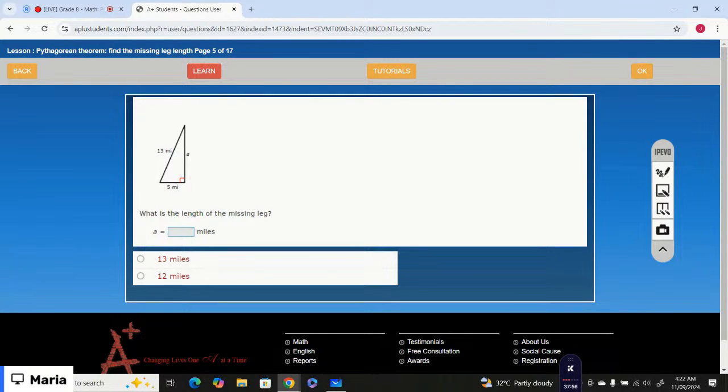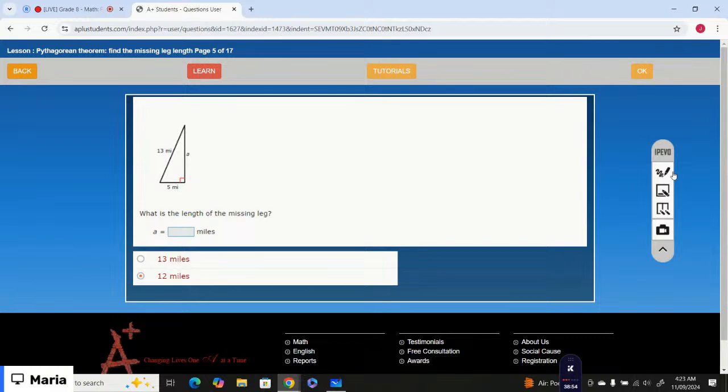What is the length of the missing leg? Which is the correct option? That is 12 miles. Option number 2 is the correct option.